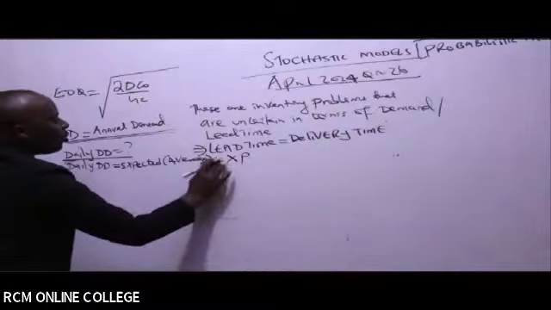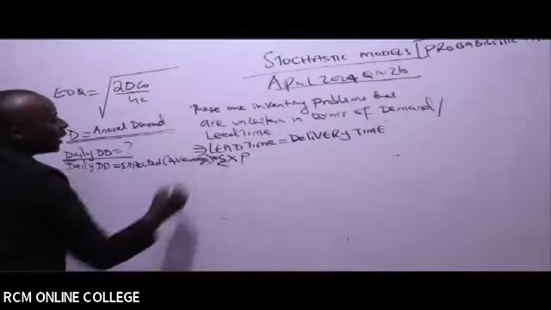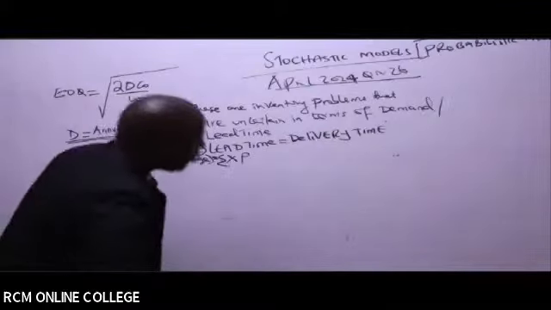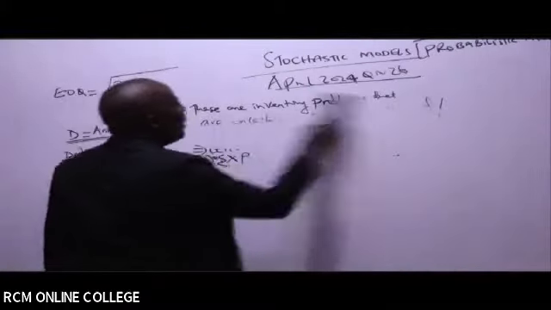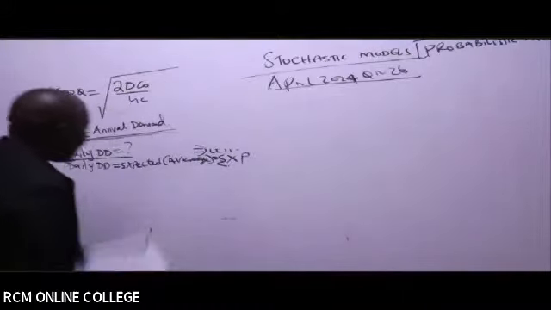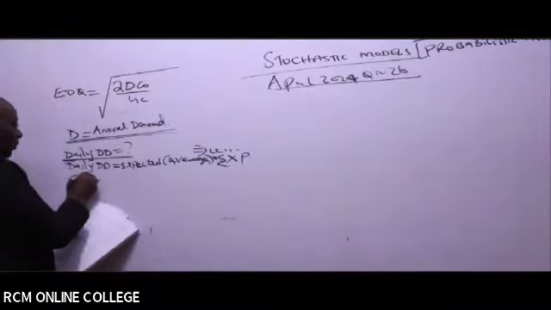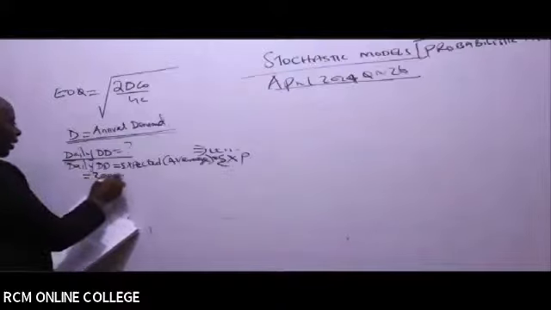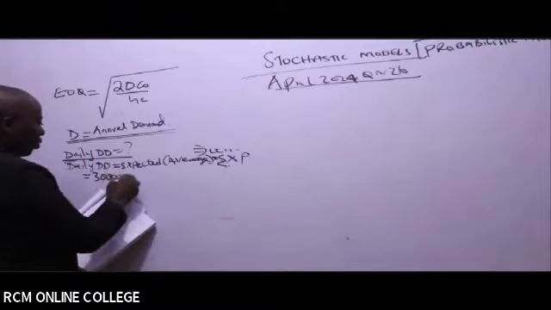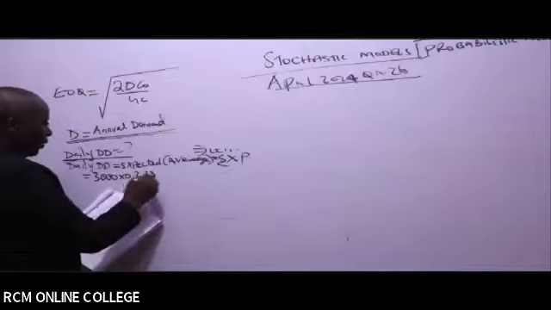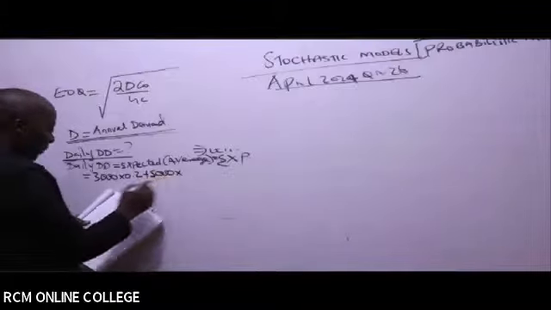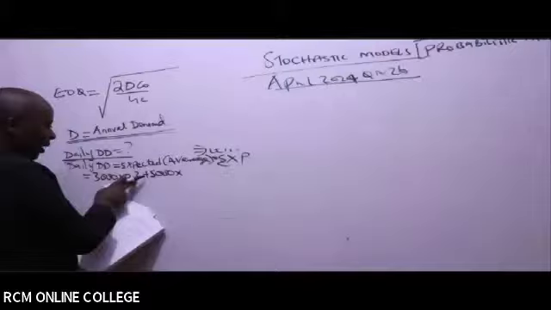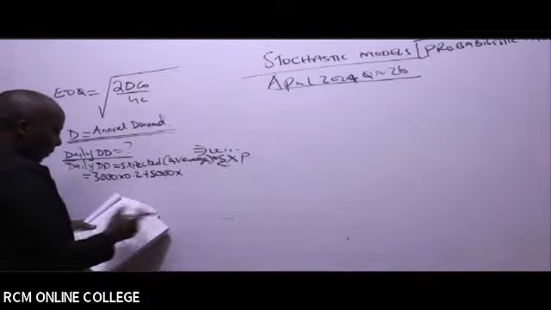How do I get this? It will be summation of x times probabilities. So very easy. I have my demand items 3,000. So 3,000 times 0.2 plus 5,000 times 0.5, these are the x values times probabilities, and then we are summing up.